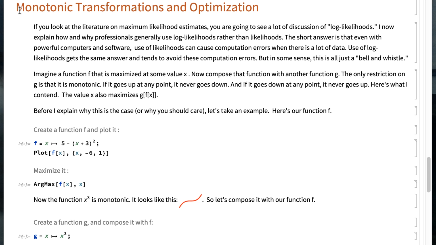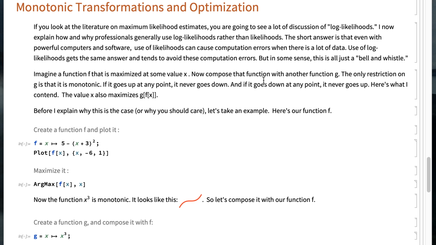The general subject here has to do with monotonic transformations and optimization. So here's the idea. Supposing you have some function f, and that function is maximized at some value x. I don't really care what the function is. All I'm going to tell you is that there's some value x that maximizes the value of that function.